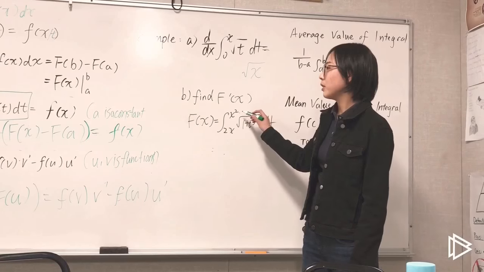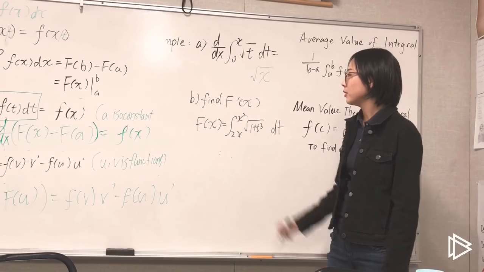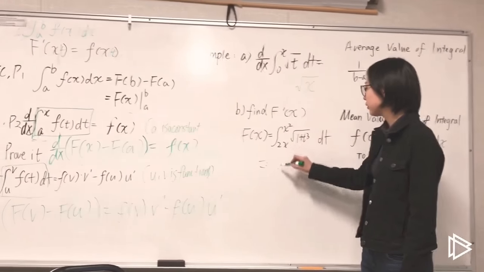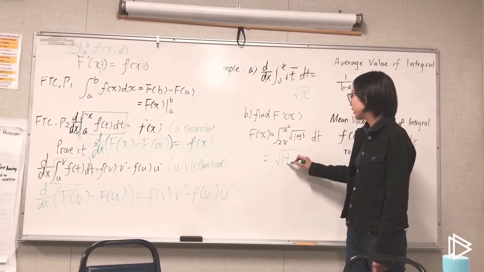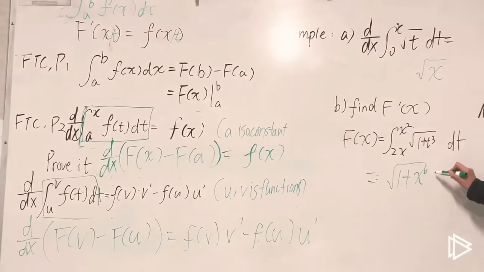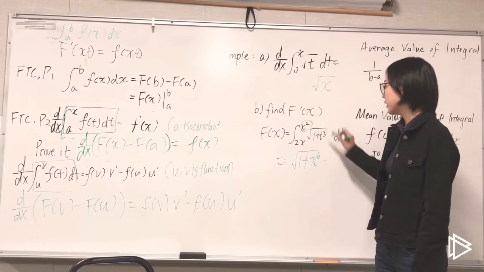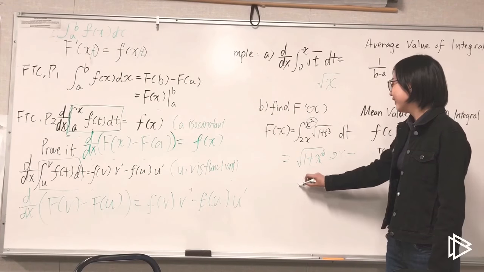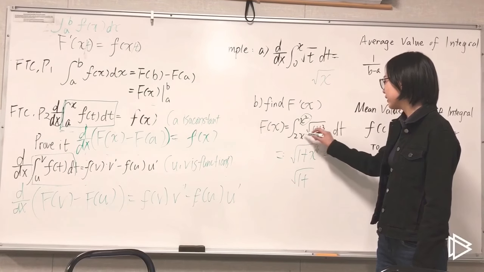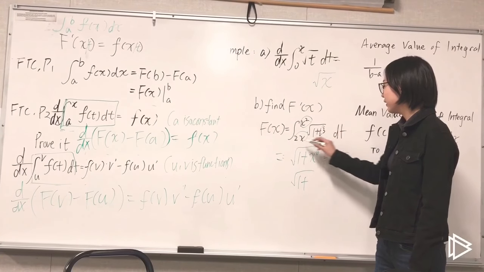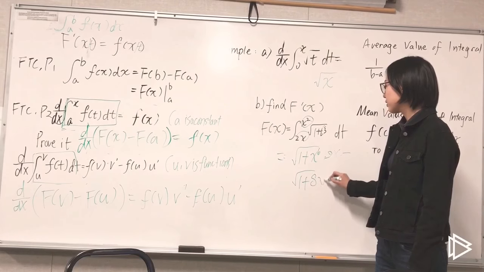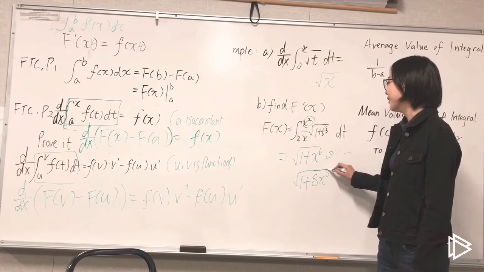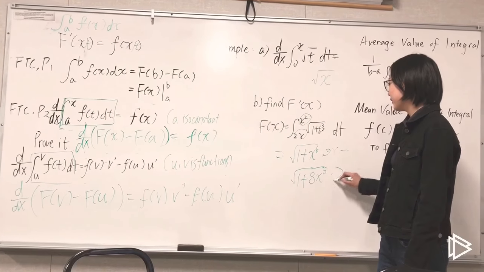To calculate this problem, we need to use FTC Part 2. It equals the square root of 1 plus x to the 6, times the derivative of this, which is 2x, minus the square root of 1 plus, plugging in 2x, 8x cubed, times 2.